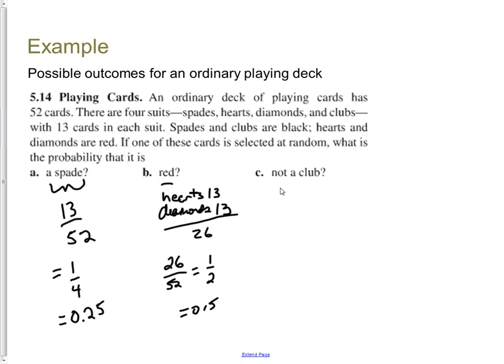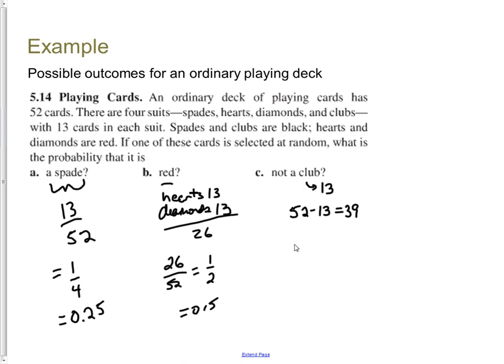How about this one? What if we say it's not a club? Well, now this one's a little bit different, but let's think about it. There are 13 clubs in the deck because that is one of our four suits. Out of 52 cards, that means 52 minus 13, which is 39. So there are 39 ways in which we might not get a club.